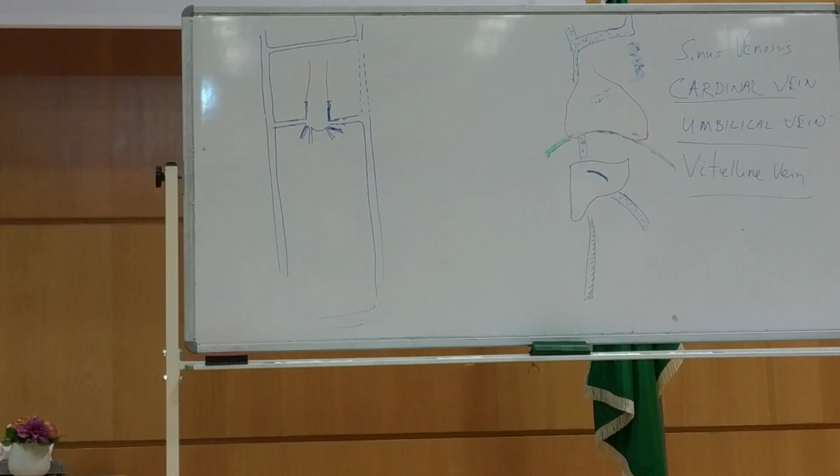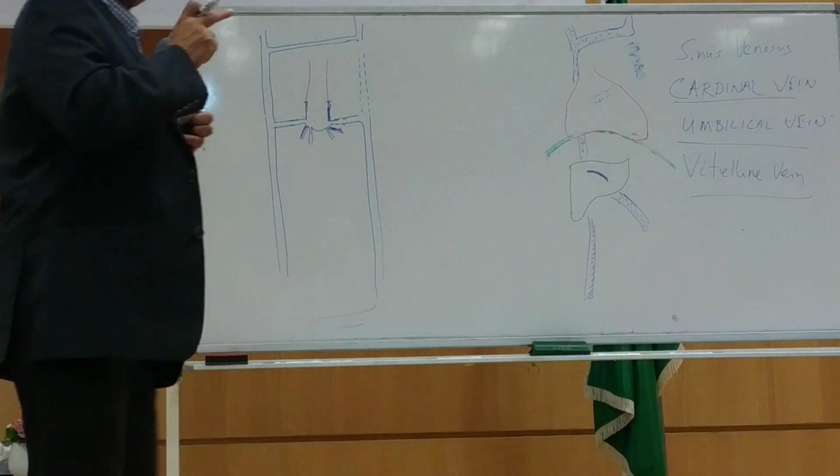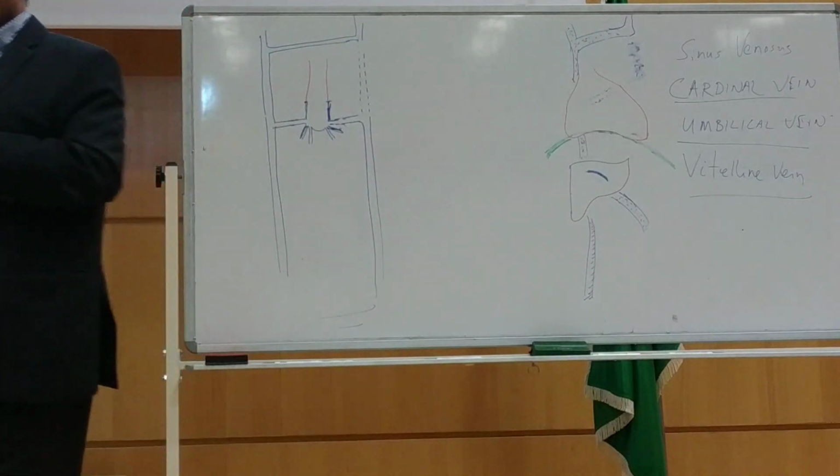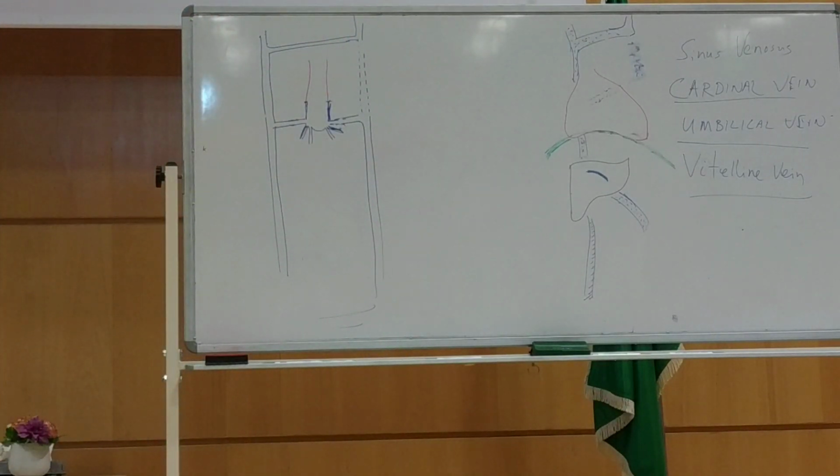Now why I'm saying this is interesting: sometimes, and we asked in the exam too, sometimes you open the heart and you see there is a superior vena cava on the left side. Now here is the important thing, and I'm going to ask: if there is a left part which is forming the superior vena cava, what would be the origin of the left superior vena cava?